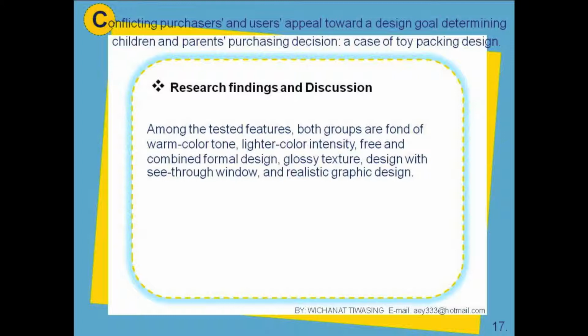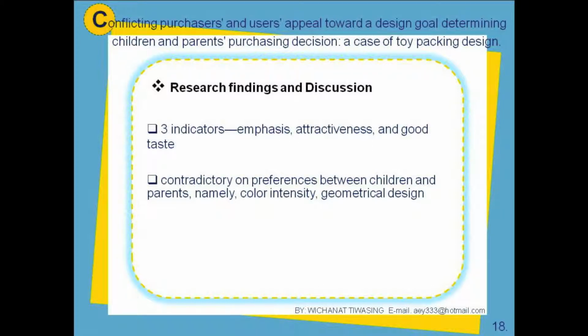The study found that among the tested features, both groups are commonly fond of warm color tone, lighter color intensity, free and combined formal design, glossy texture, design with see-through windows, and realistic graphic design.